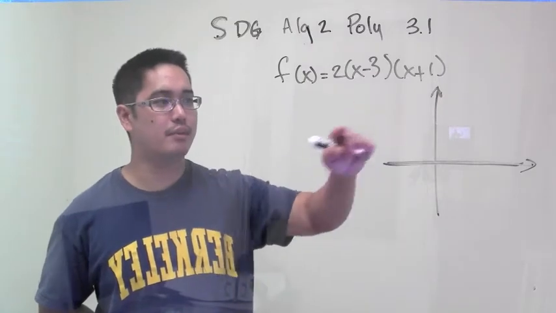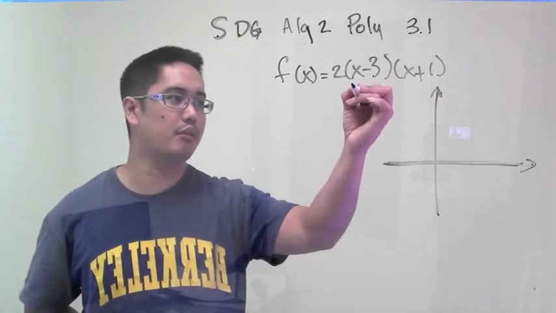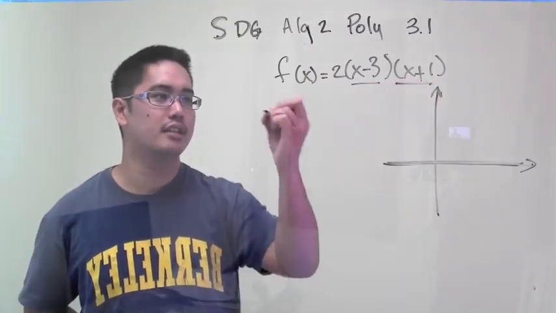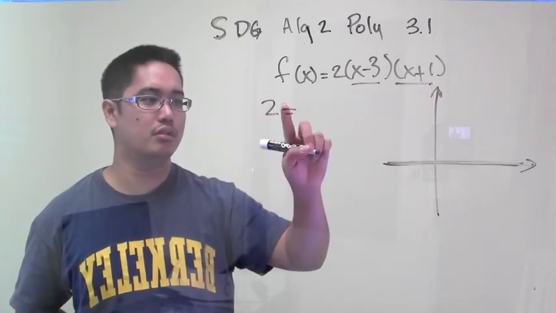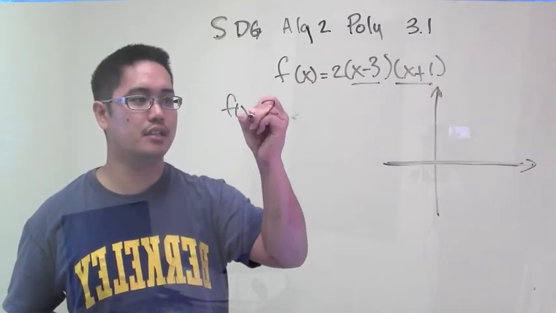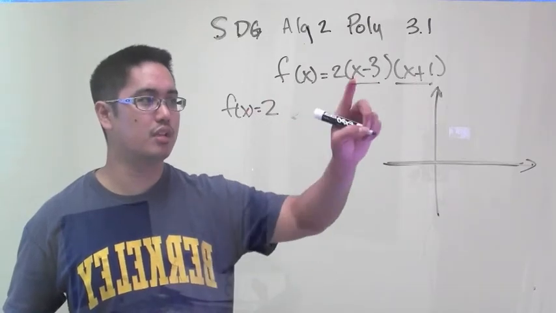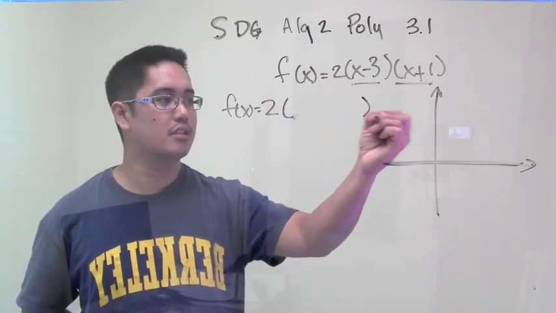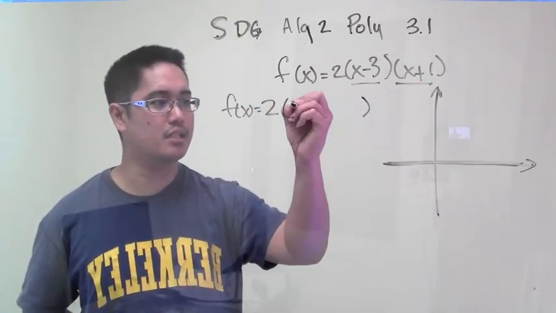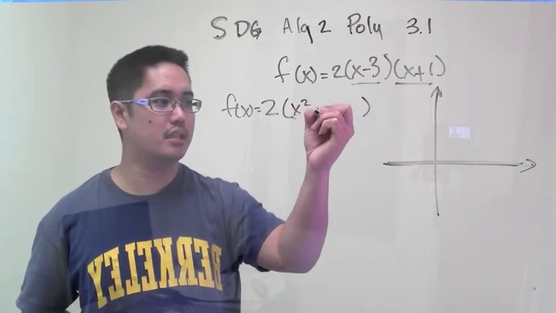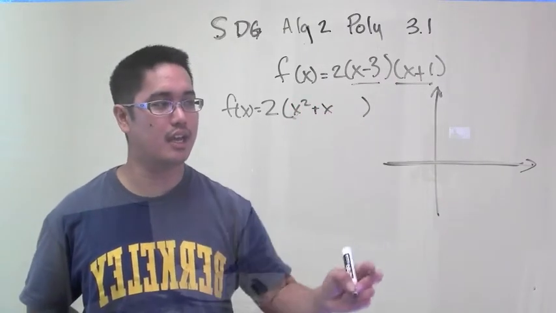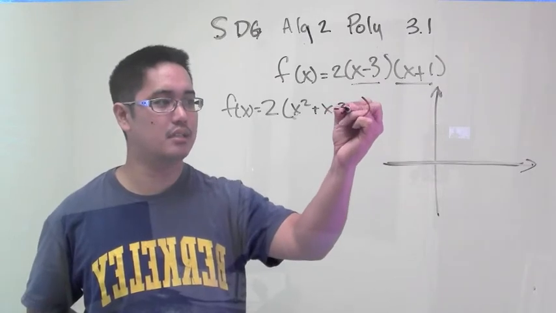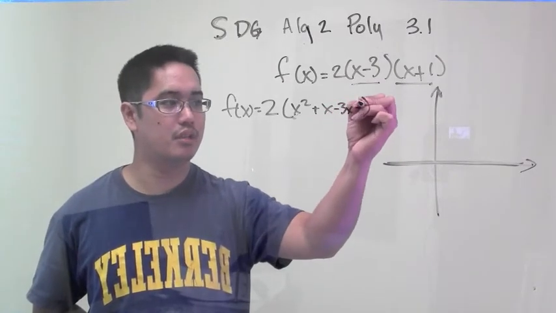What I can do is I can multiply this out. So I'm going to FOIL these guys. So I've got my 2, f of x equals 2 times the FOIL of this thing. So that would be x times x, that would be x squared, plus x, because x times 1 is x, minus 3x minus 3.